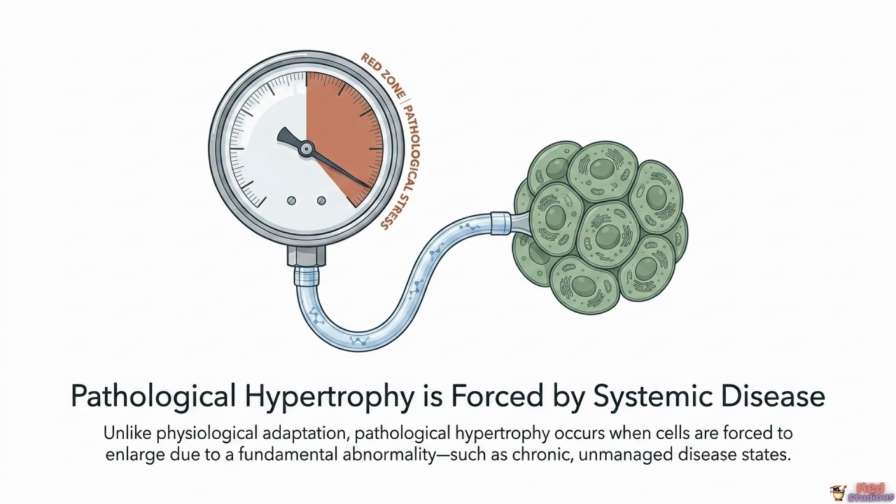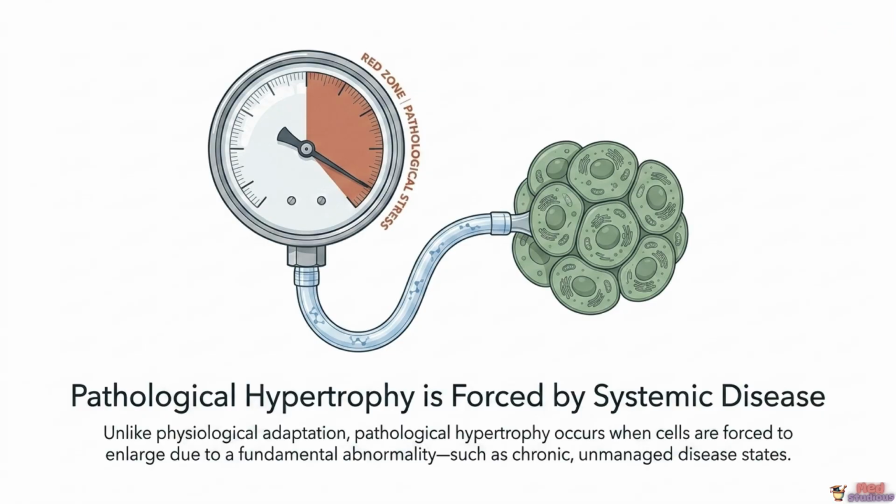Now we move from the healthy to the harmful. Pathological hypertrophy occurs when cells are driven to enlarge not by normal physiological demands, but by a persistent underlying disease state that places the cell under abnormal, unrelenting stress. Look at the pressure gauge on screen. It is deep in the red zone.